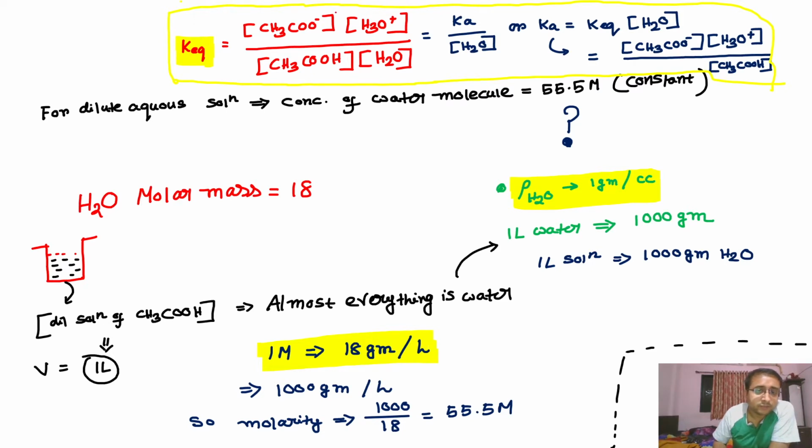Now if you take out this portion and substitute it with some constant, Ka, then we can write that K equilibrium is equal to Ka divided by the concentration of water molecule.